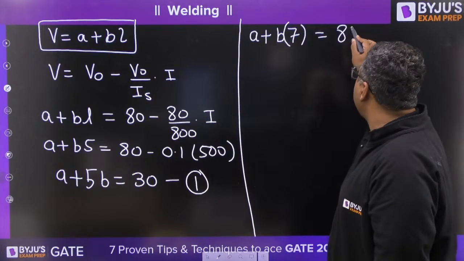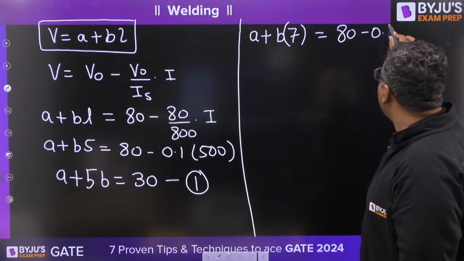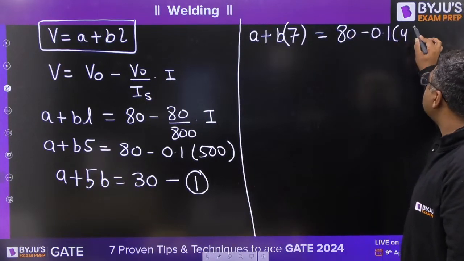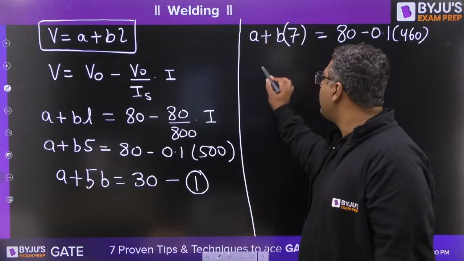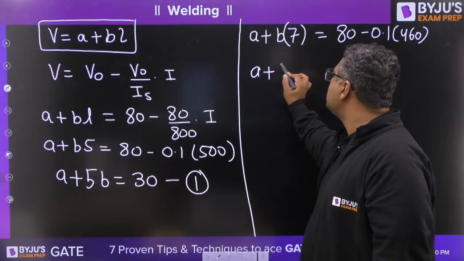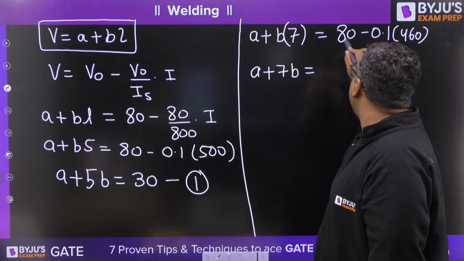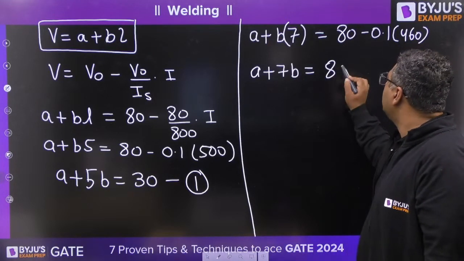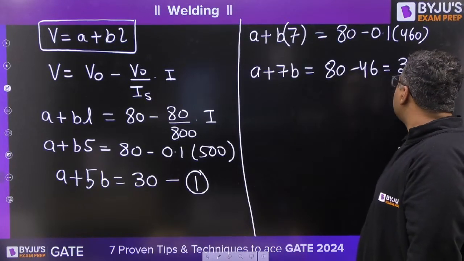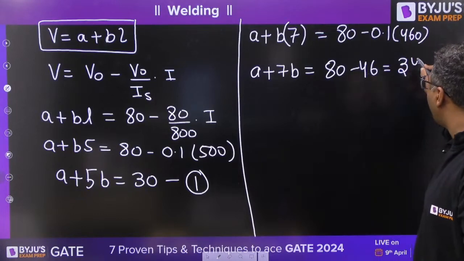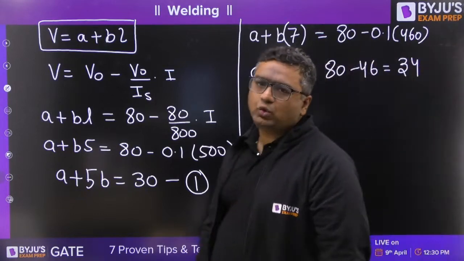It is 80 minus 0.1 into 460. 460 into 0.1 is 46. So we can write A plus 7B as 80 minus 46. 80 minus 46 is going to be 34. Yes, so we got two equations now.